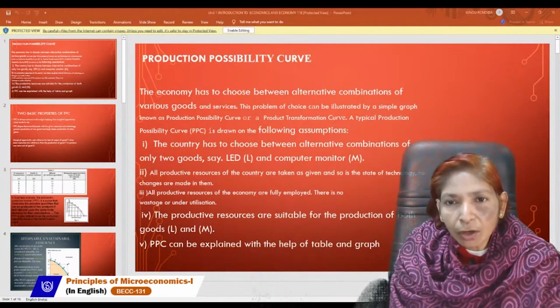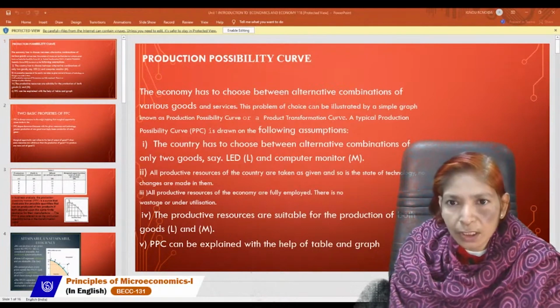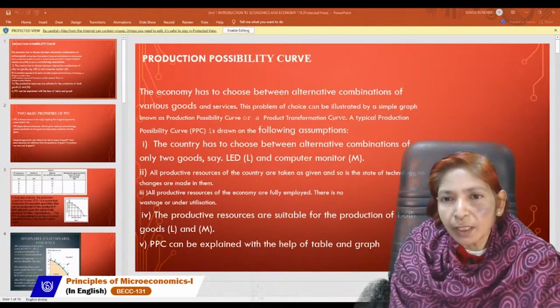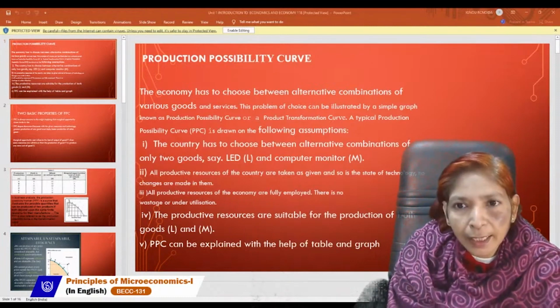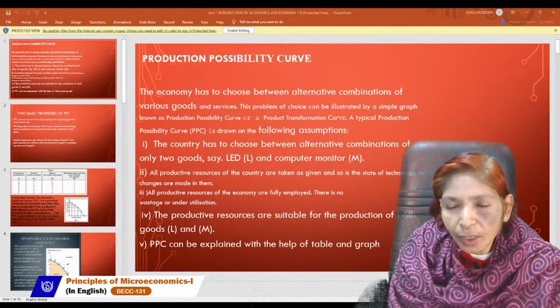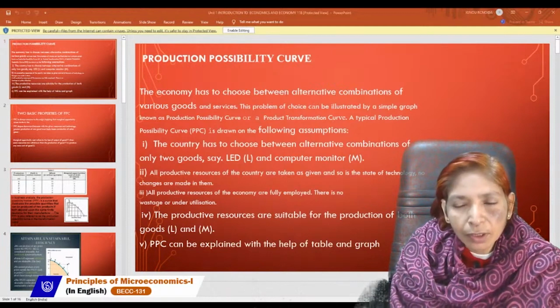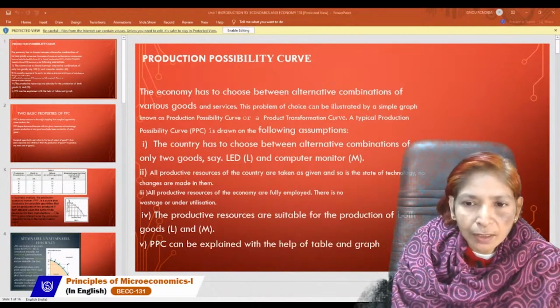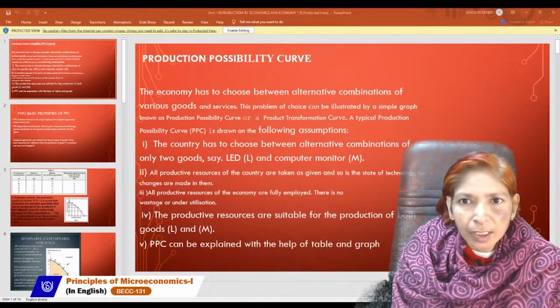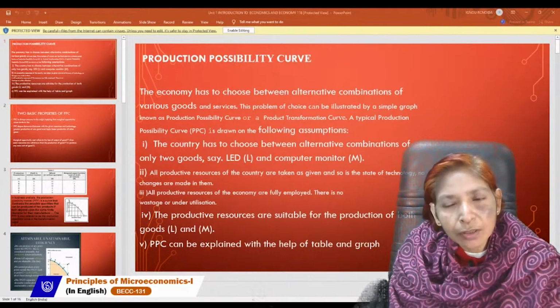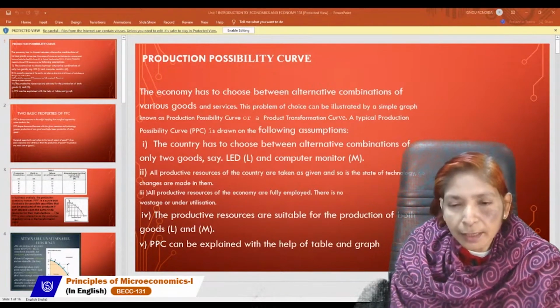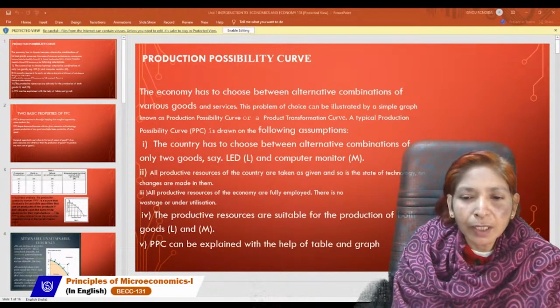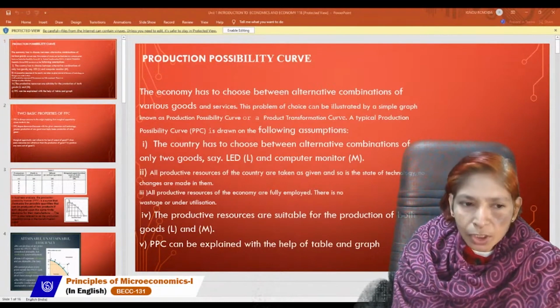It means the marginal opportunity cost, the cost of cloth in terms of wheat, is in the beginning nil, and after that it will be 1, 2, 3, 4 and 5. It means here marginal opportunity cost is increasing. That's why the PPC curve slope will be concave to the origin.